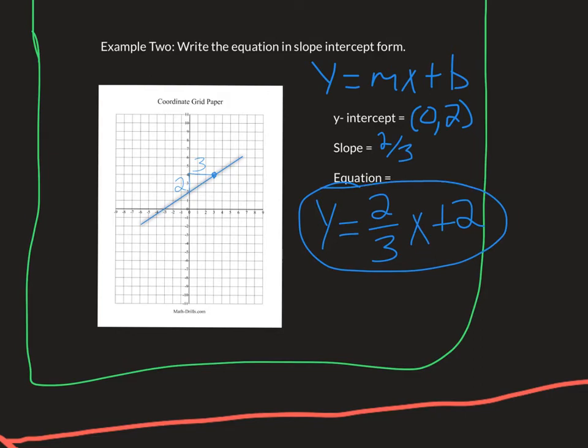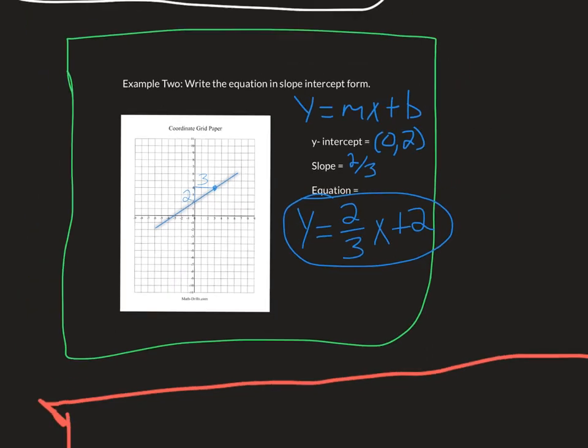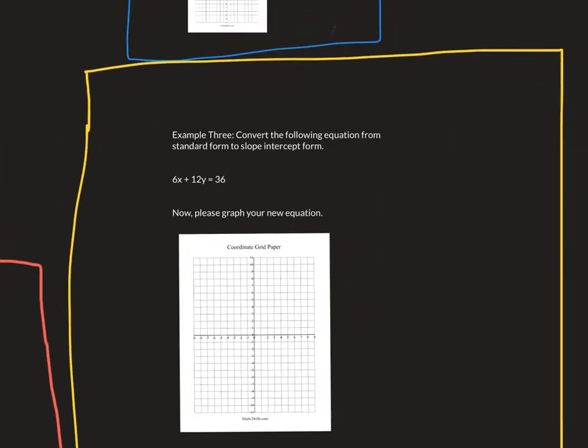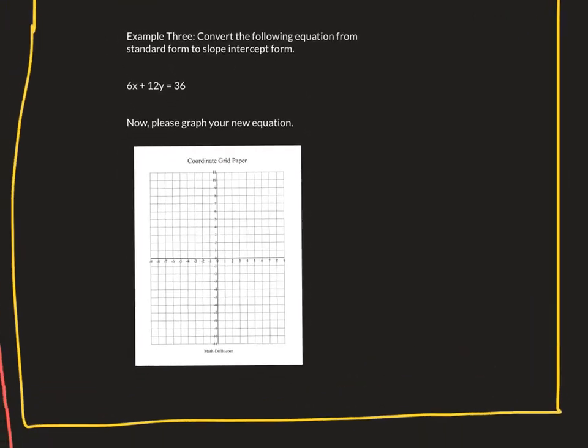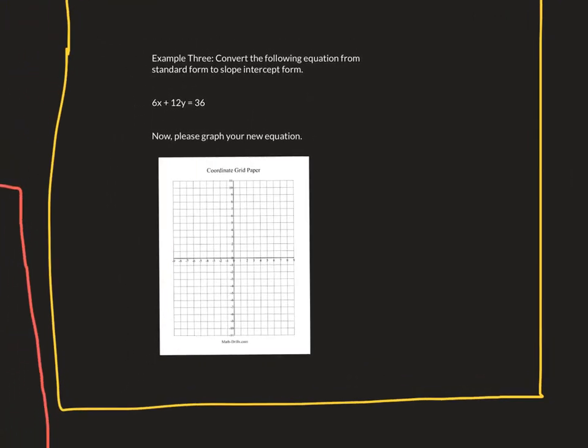So we have one more question that goes with Wednesday's work, and we're going to go over to it right now. It says, convert the following equation from standard form to slope-intercept form. So we know that slope-intercept form is y equals mx plus b.